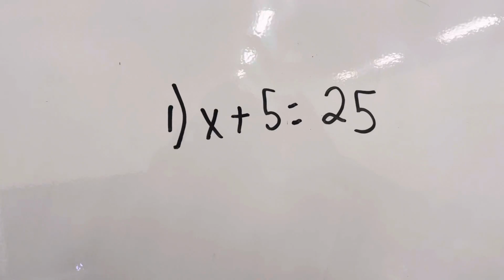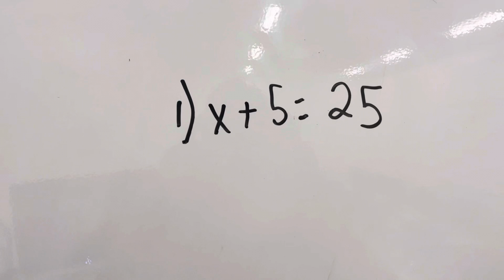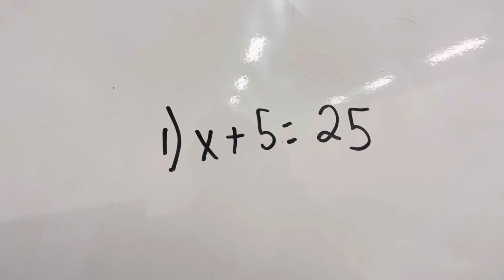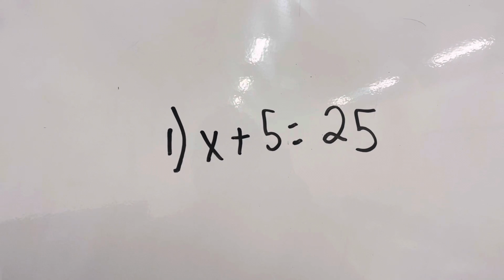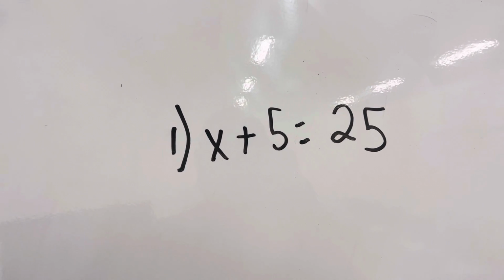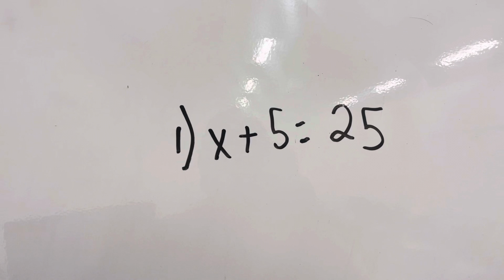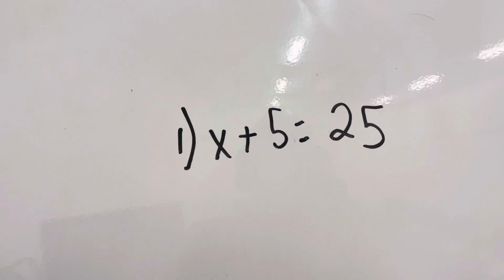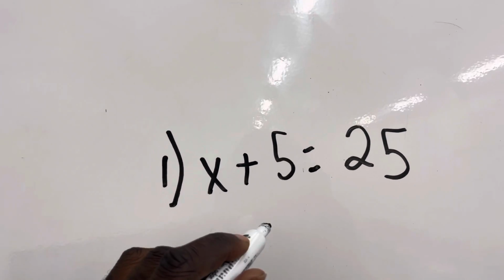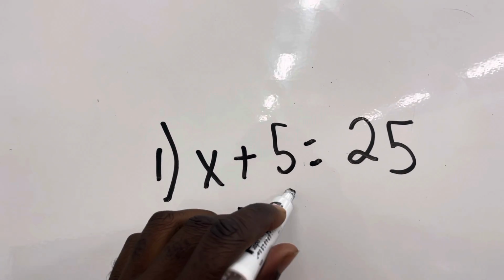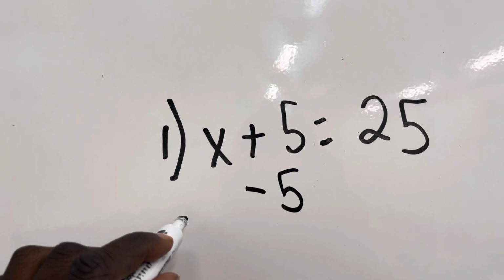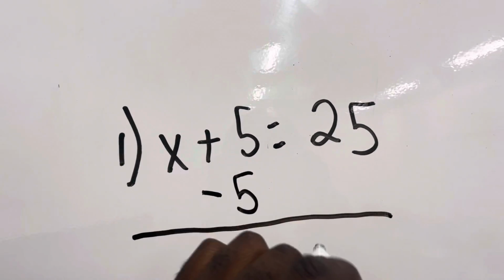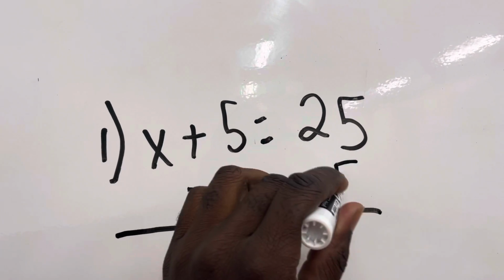x plus 5 equals 25. What are we going to do here to get x to itself? Since we have plus 5, in order to get x to itself, we have to get rid of the 5. So we're going to subtract 5 from 5, and we're going to subtract 5 from the other side too.